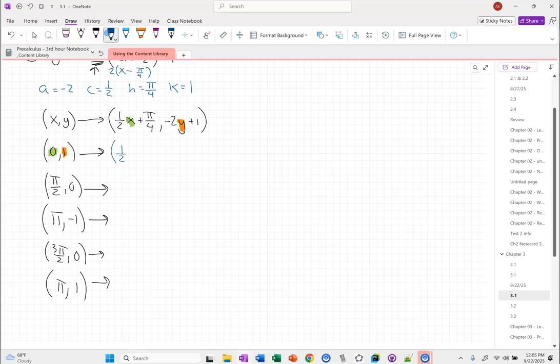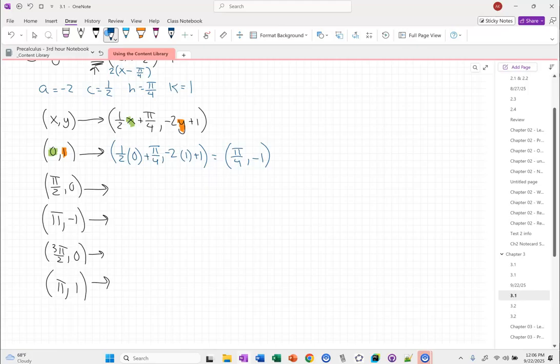So 1/2 times 0 plus pi over 4, and then -2 times 1 plus 1. So that's going to be pi over 4, -1. Right, 1/2 times 0 is 0. 0 plus pi over 4 is still pi over 4. -2 times 1 is -2. Plus 1 more is -1.